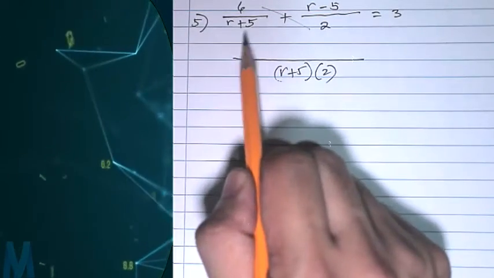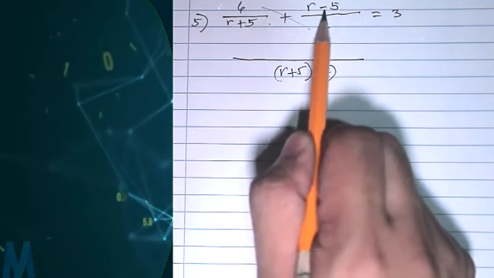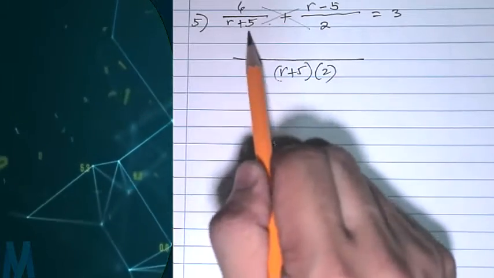Okay, or in this case, pwede natin ang mga numerator na 6 kag r minus 5. We're going to make use of cross multiplication. Okay? So pwede ang 6 multiply sa 2. Ang r minus 5 pwede siya multiply sa r plus 5. Okay?